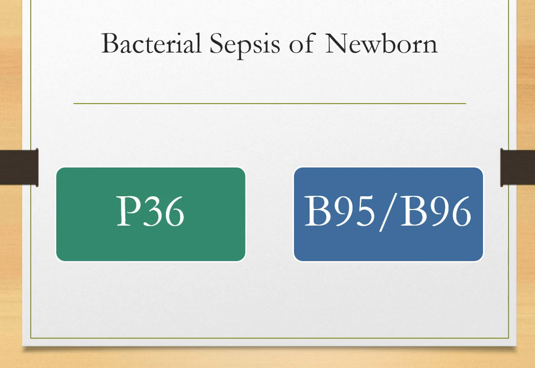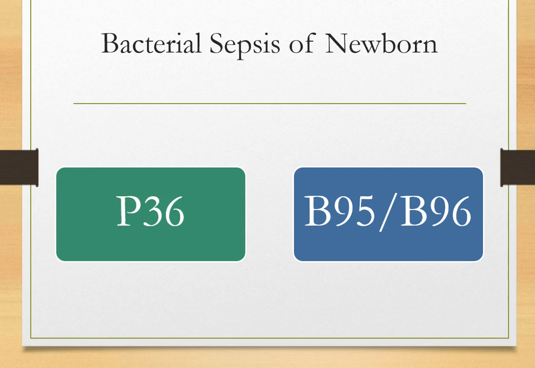If the P36 code that you select includes the causal organism, you would not assign a code from B95 or B96. Why, guys? If the code already includes the organism, Streptococcus, Enterococcus, Staphylococcus, you don't need another code on top of that.